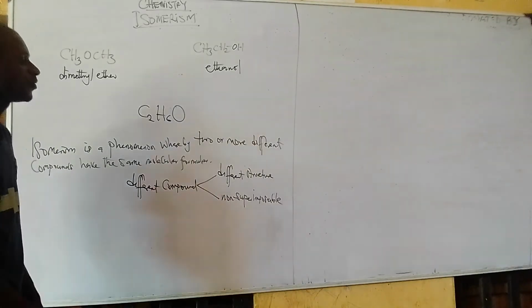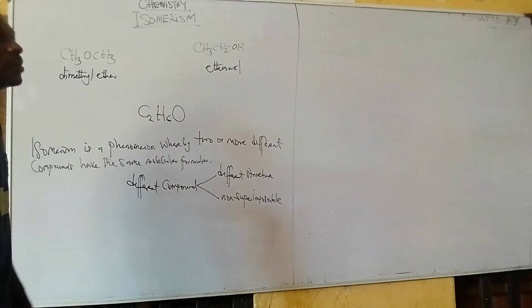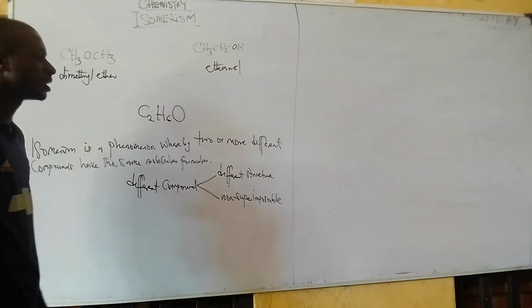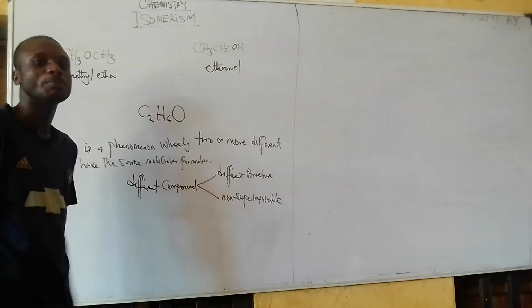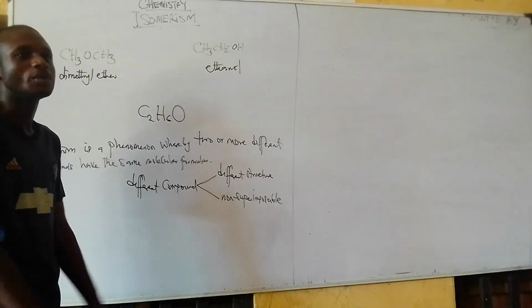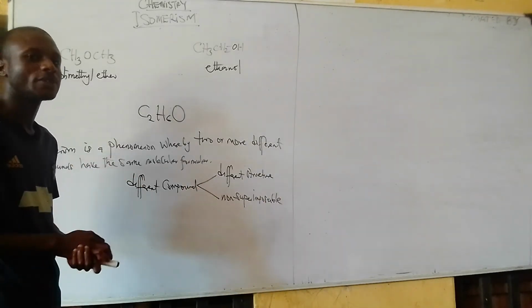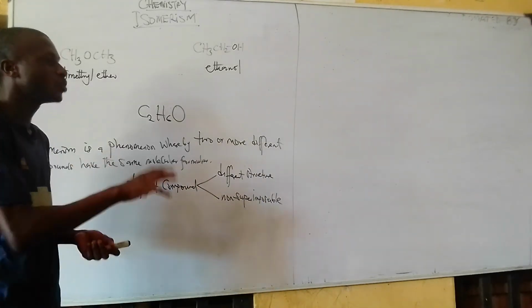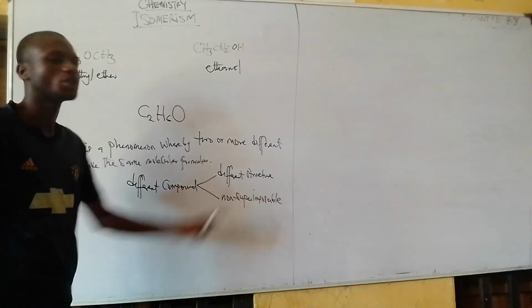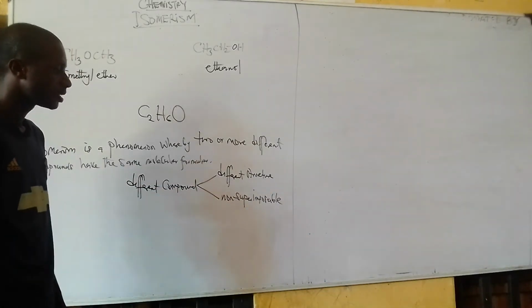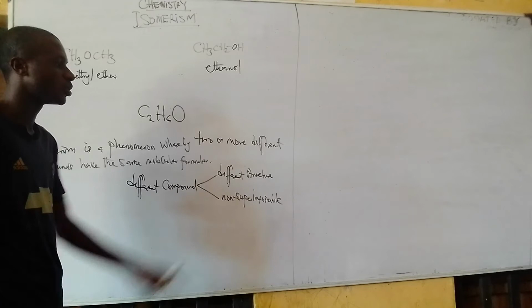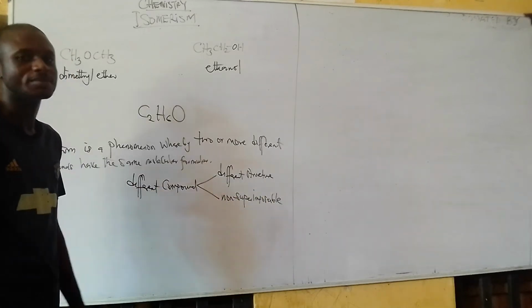Now, we have 2 types of isomerism depending on the type of different compounds I am producing with the same molecular formula. If I use the same molecular formula to produce 2 or more compounds with different structure, that type of isomerism is called structural isomerism.